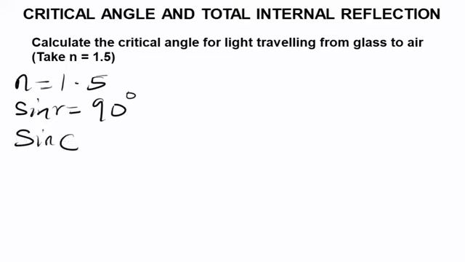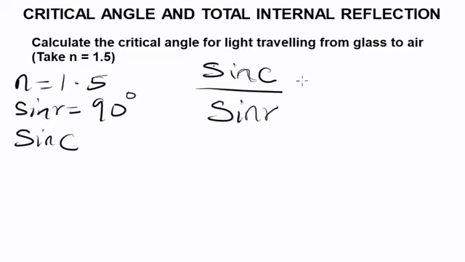So we are going to apply this formula: sine c over sine r equals 1 over n. We are using 1 over n because the light is traveling from glass to air, that is from a denser medium to a less dense medium.